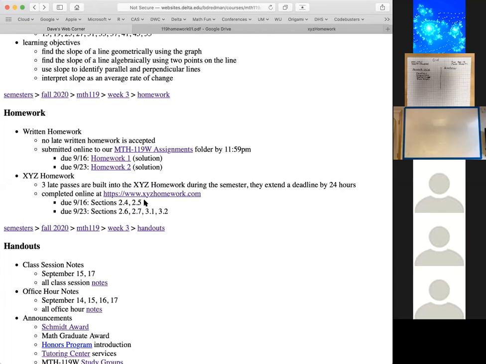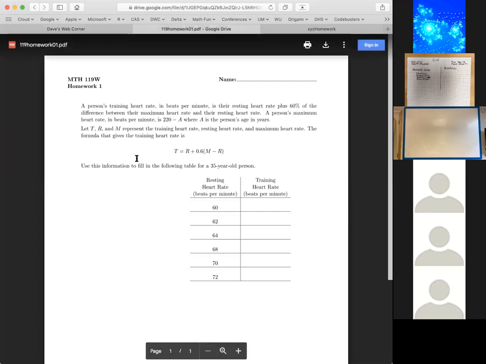You've done some XYZ homework already, and I'm compiling what you did there, and I'll give you grade reports maybe at the end of this week, over the weekend. But this is the problem that you're preparing for today, asking you some questions about evaluating these formulas.